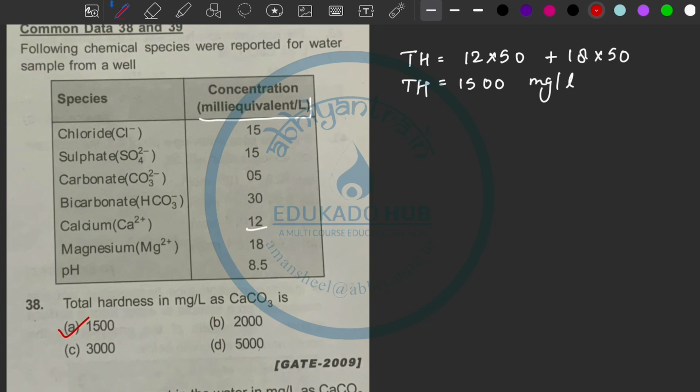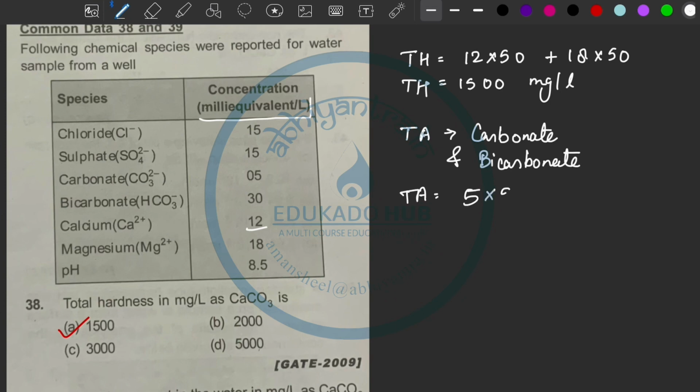Total alkalinity is created by carbonate and bicarbonate. So total alkalinity will be equal to carbonate, which is 5 into 50, and bicarbonate, which is 30 into 50.